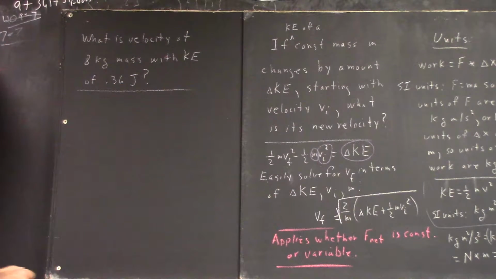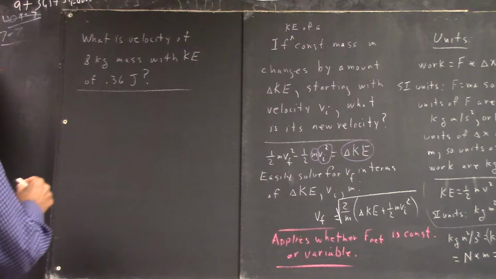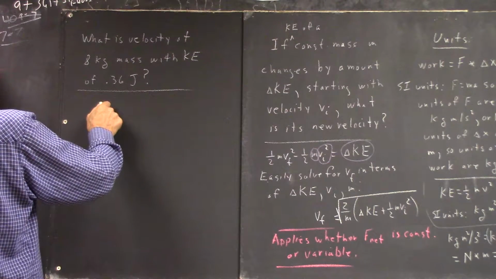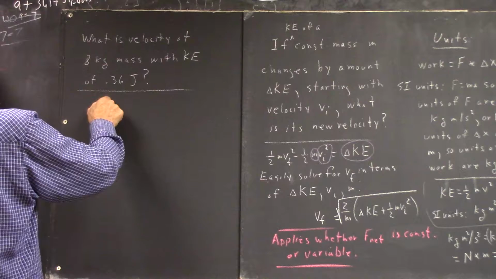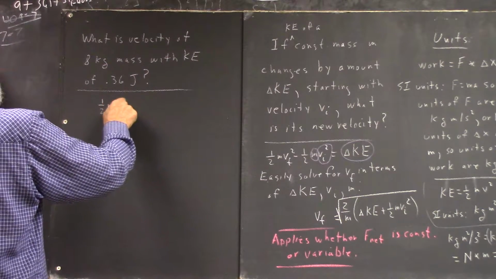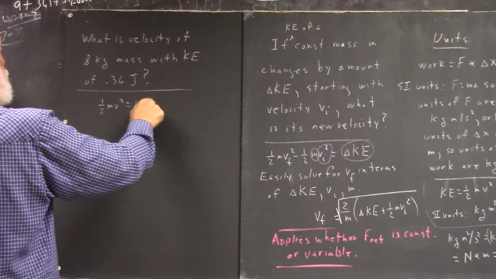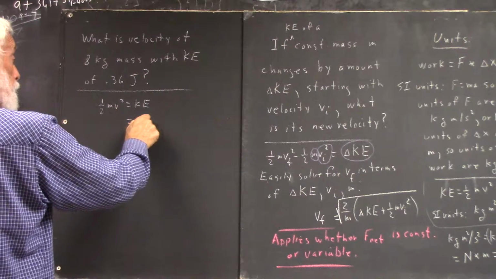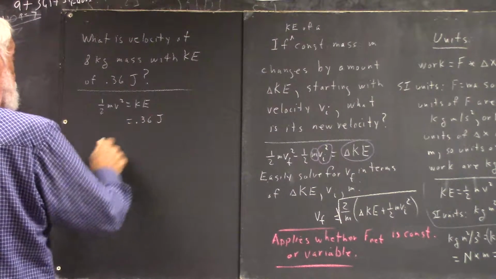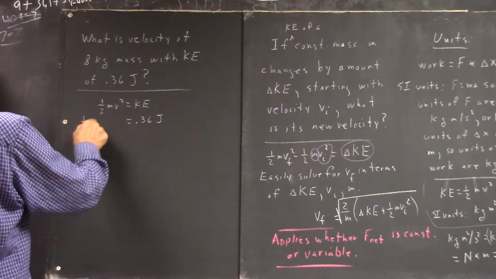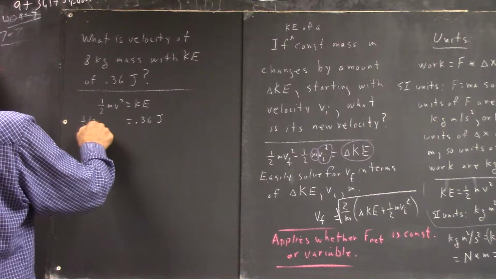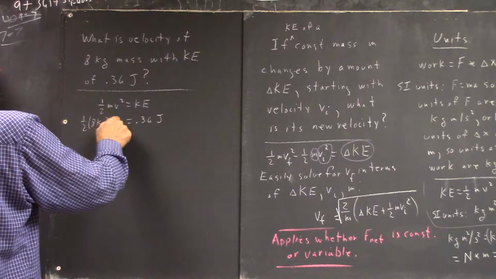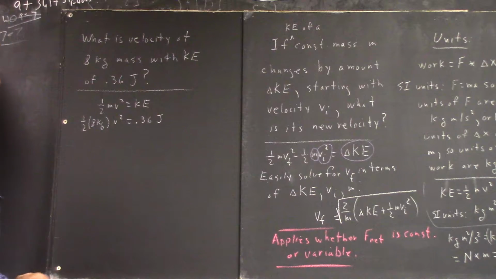Well, we then know that, again, 1/2 mv squared equals kinetic energy. So in this case, kinetic energy is 0.36 joules. That's 1/2 of 8 kilograms times v squared.